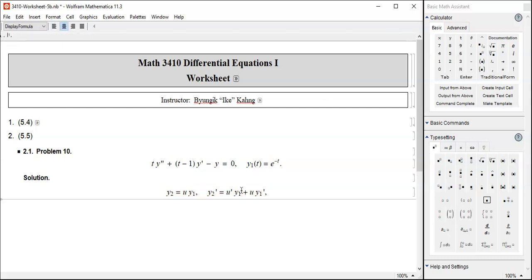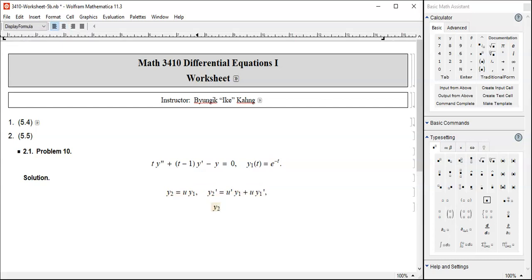Alright, how about the second derivative of y2? It is equal to, and we have to use product rule to this one, so u double prime y1 plus u prime y1 prime, product rule, and another product rule here, u prime y1 prime, which was there before, plus u y1 double prime.